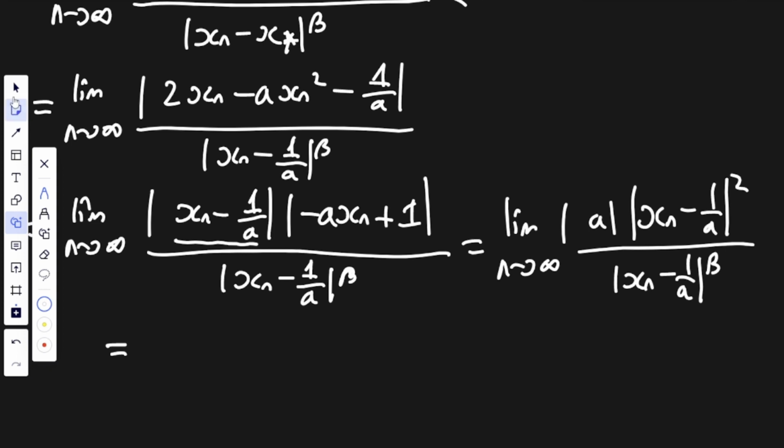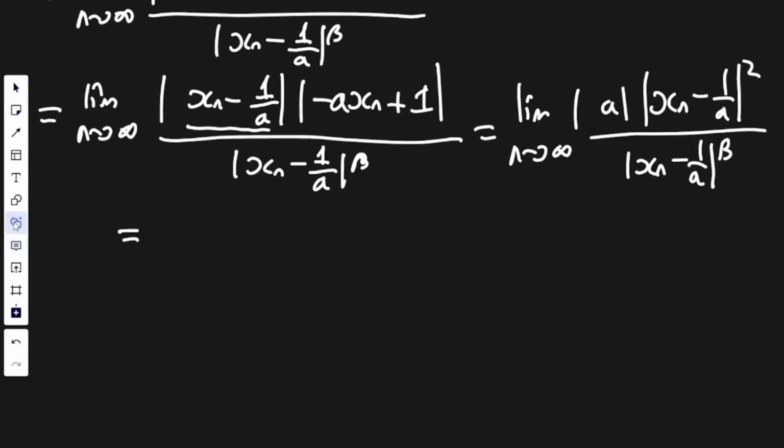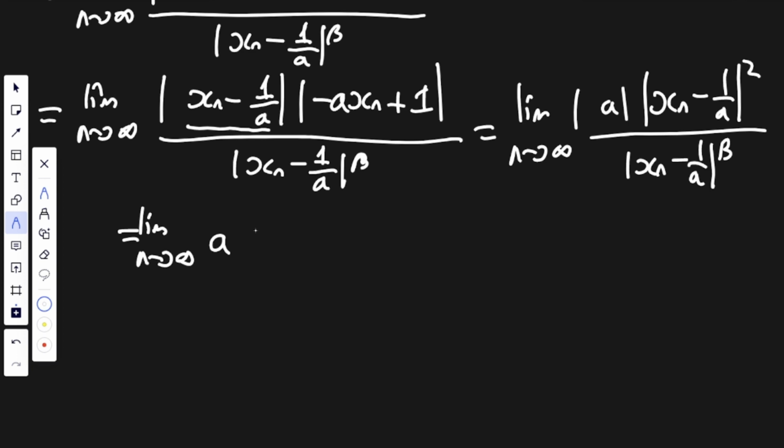And well, all in all, this is going to be the limit as n goes to infinity of a times 1 over xn minus 1 over a to the power of beta minus 2.